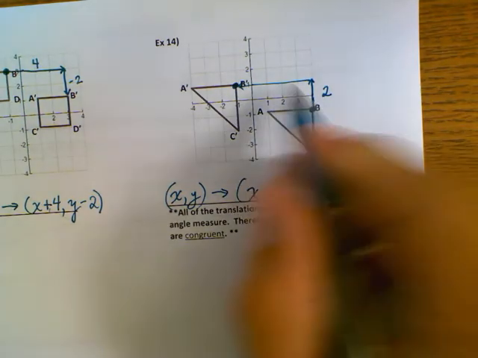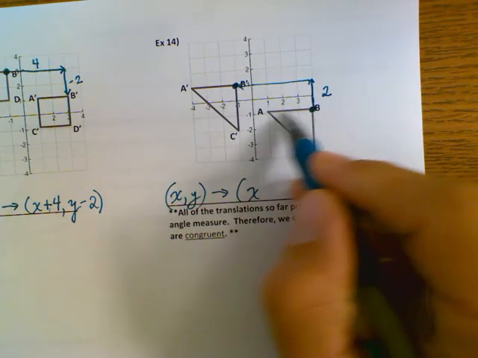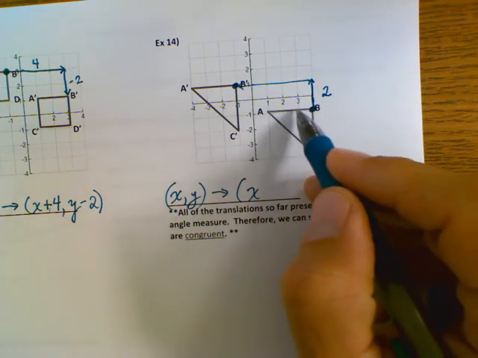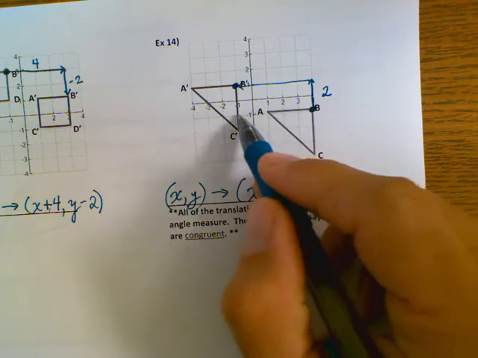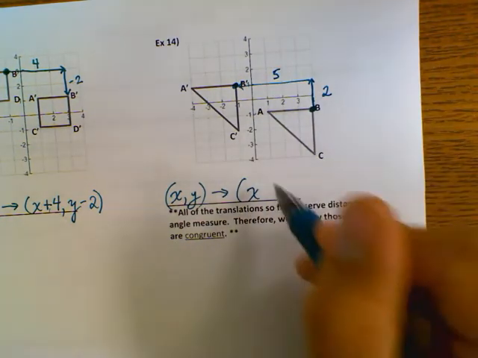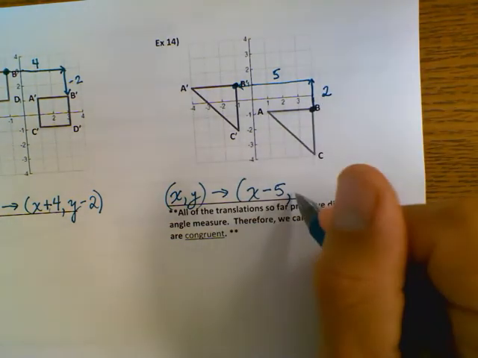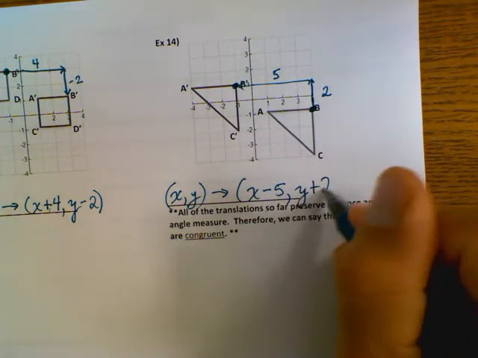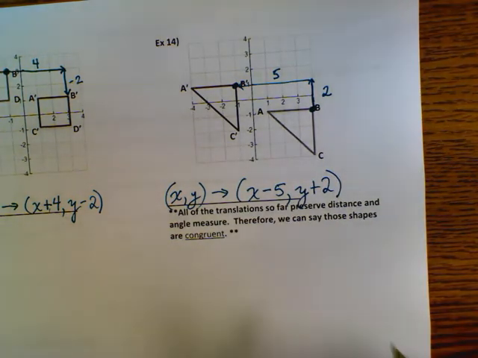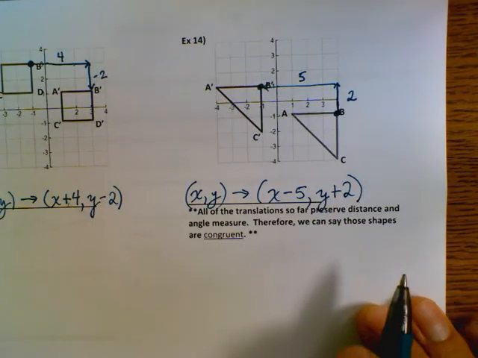So we need to talk about the x. How far did it go to the left first? So 1, 2, 3, 4, 5. It went 5 units to the left, so x minus 5. And then it goes 2 units up, so y plus 2. That'll be your answer for example 14.